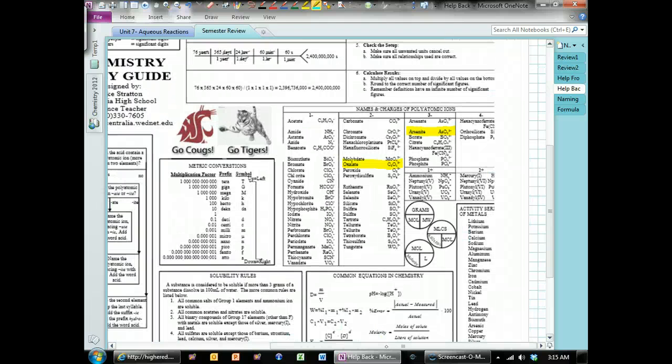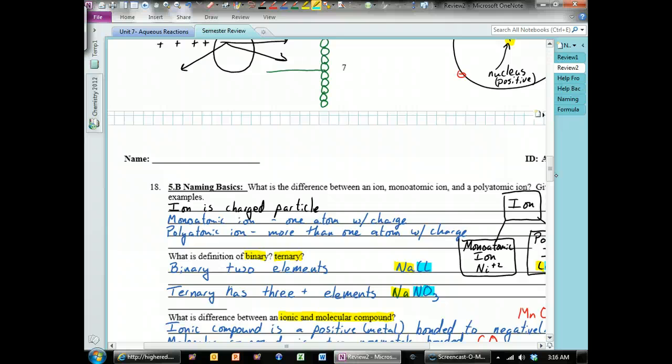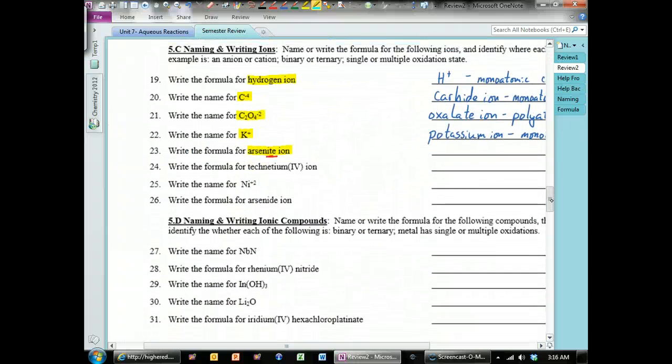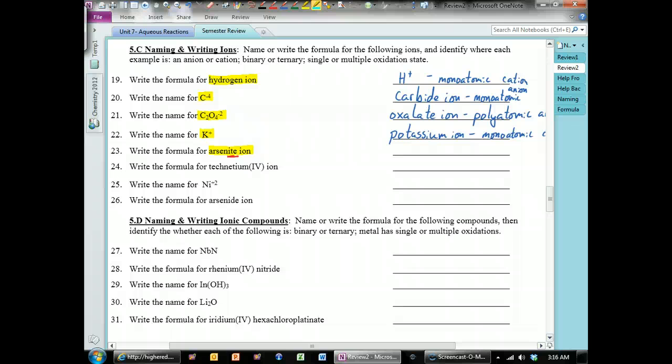And arsenite is AsO3 on this polyatomic ion chart with a -3 charge. And we just write that down, AsO3 with a -3 charge. And that is a polyatomic ion because it has more than one atom, and it's an anion.